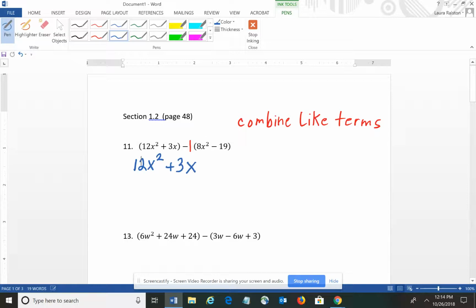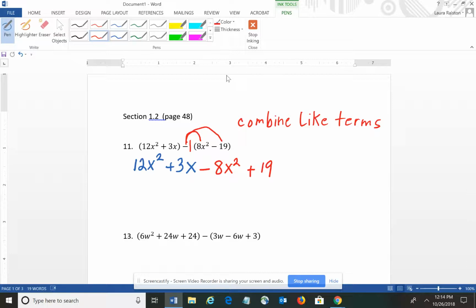I just bring that down. But for the second set of parentheses, I need to distribute this understood −1 through the parentheses. So −1 times 8x² will be −8x². And −1 times −19 will be positive 19.